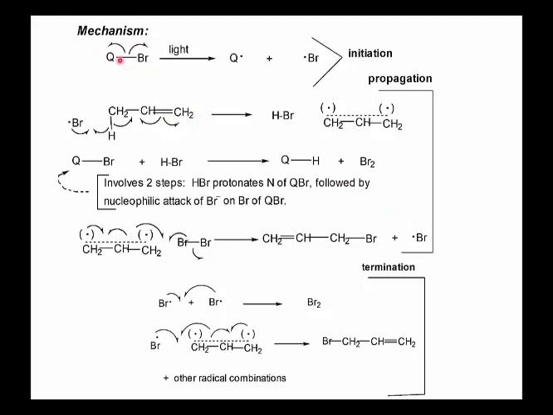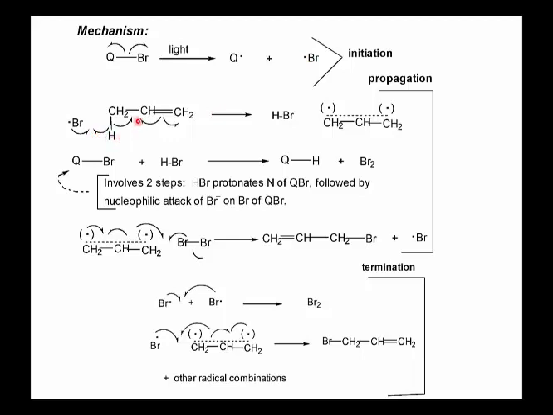This is a nitrogen-bromine bond. Now, light energy homolytically cleaves that, and you get two radicals, Q dot and bromine dot. The active part here is the bromine dot, the bromine atom.